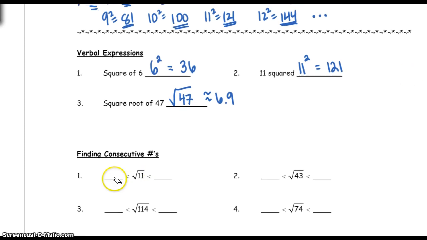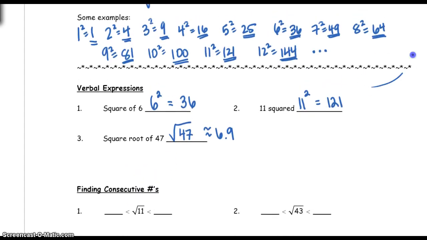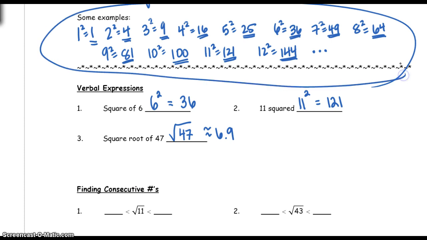Okay? So let's go down here and talk about consecutive numbers. The square root of 11 is in between what two numbers? Here's what you have to ask yourself: where is the square root of 11 falling up here with these guys right here? So the square root of 4 is 2. The square root of 9 is 3. We're going backwards here.